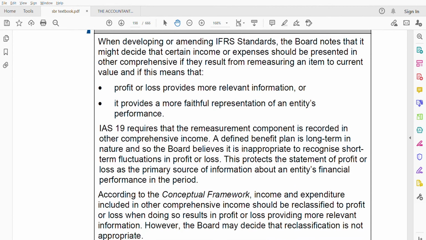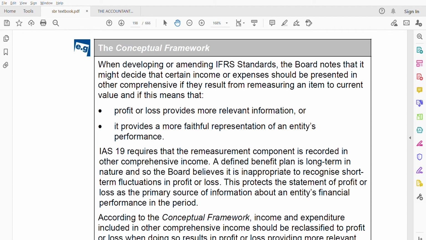Now let us go to the conceptual framework. When developing or amending IFRS standards, the board knows that it might decide that certain income or expenses should be presented in other comprehensive income if they result from remeasuring an item to current value. Most IFRS standards say that when you are remeasuring certain income or expenses, it is better to show it under other comprehensive income.